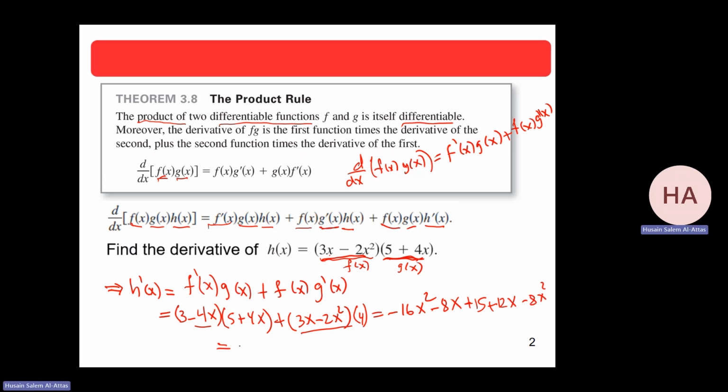So the answer is minus 24x squared, which is this minus this. Have 12x minus 4x plus 4x plus 15. That will be the answer of the derivative. So we just apply the rule and then we do the calculation.